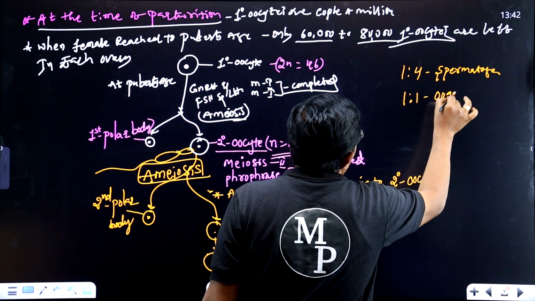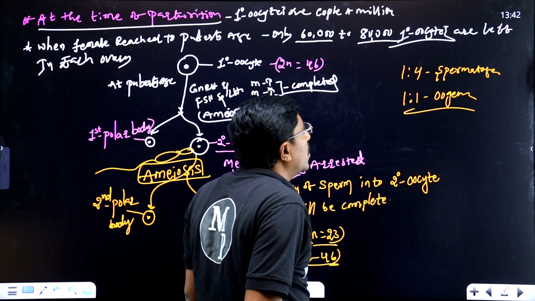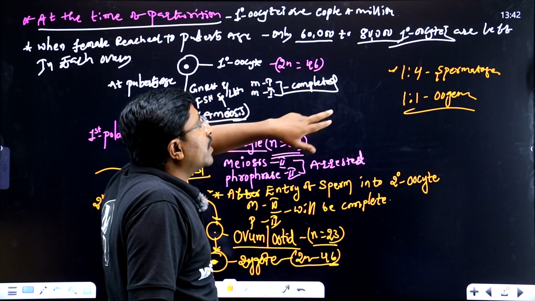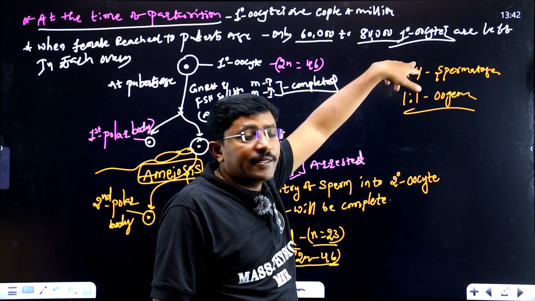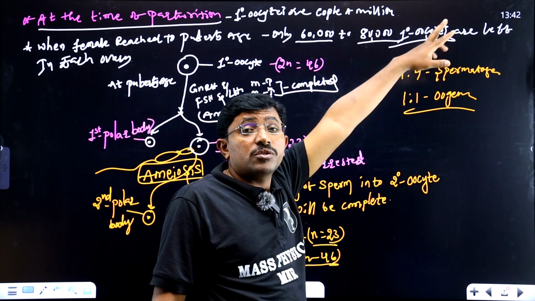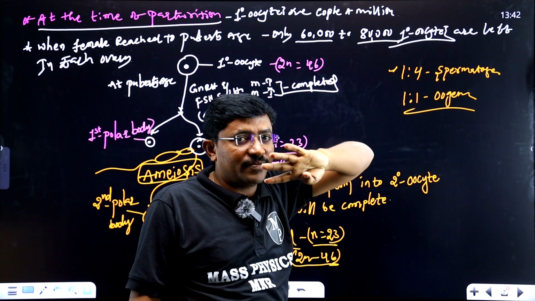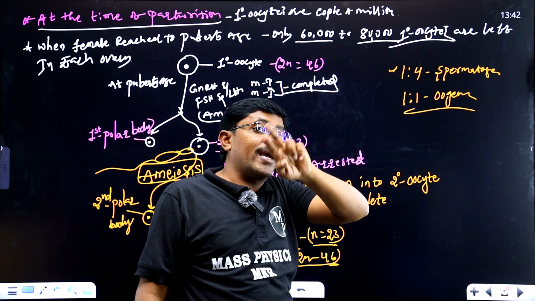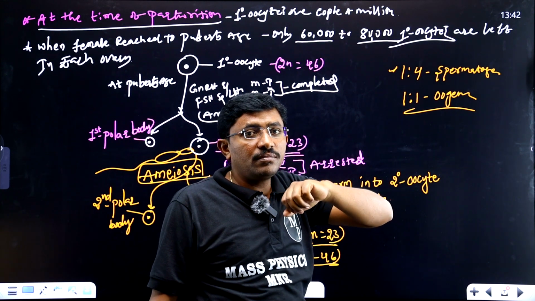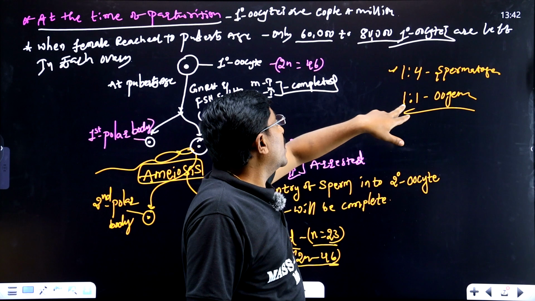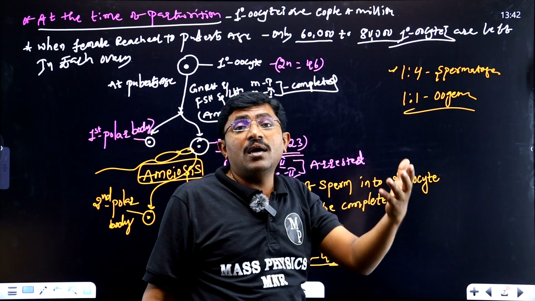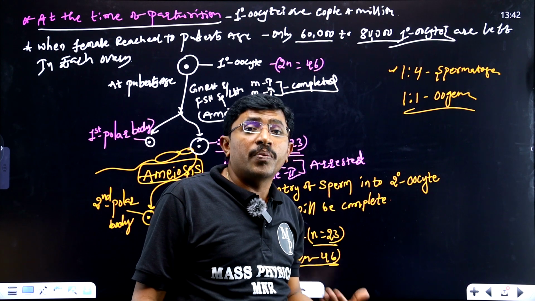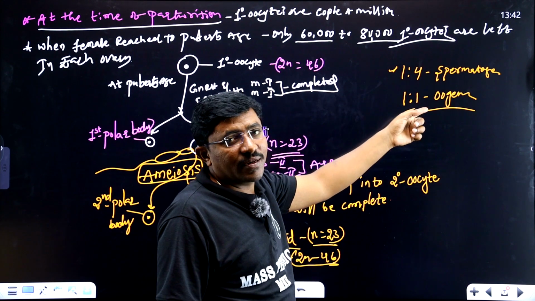From a single primary spermatocyte, four spermatozoa are formed: two X chromosome-containing sperm and two Y chromosome-containing sperm. And from one primary oocyte, how many ova are produced? Only one.